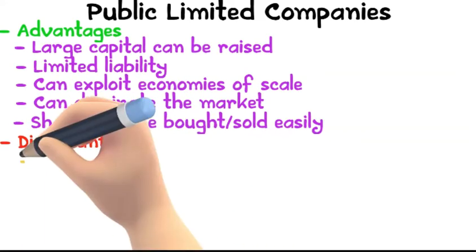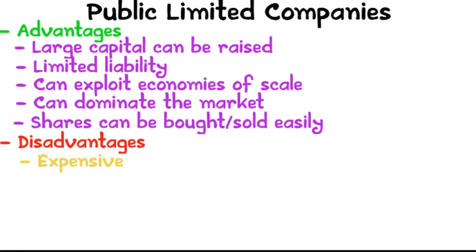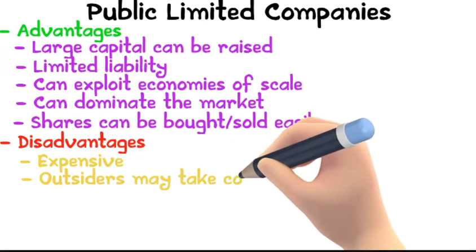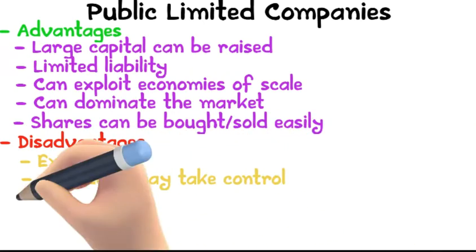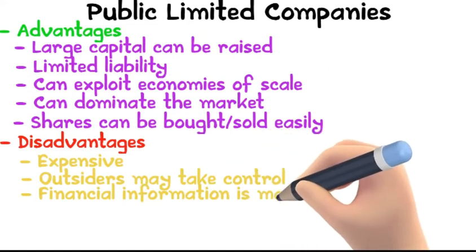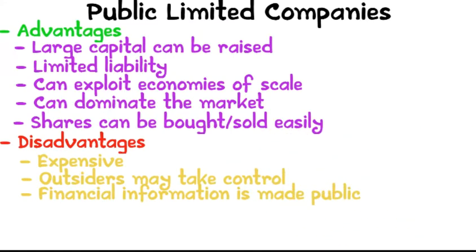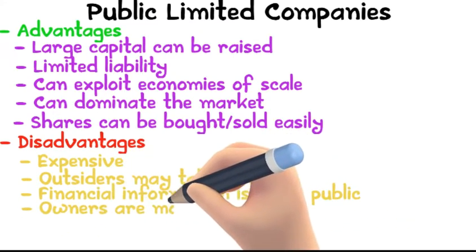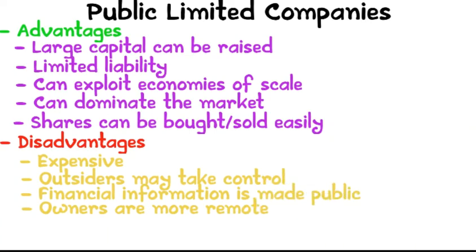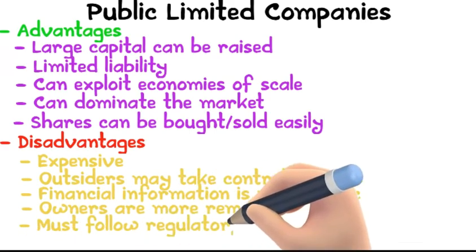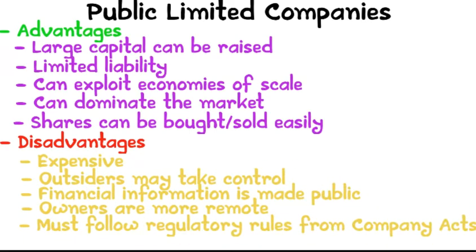Disadvantages: they are expensive, outsiders can take control by purchasing many shares, the financial information is made public, the owners are more remote from customers, they must follow regulatory rules from company acts, the managers may take control of the business.